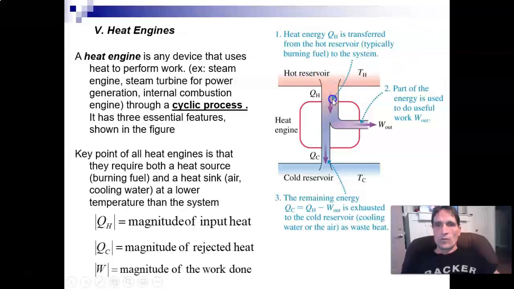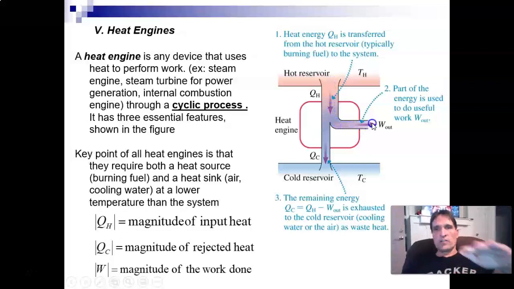Some of the heat will flow into the system and be extracted as work. It'll be used to rotate the turbine. The rest of the heat will be exhausted into the cold reservoir, which is just the atmosphere.